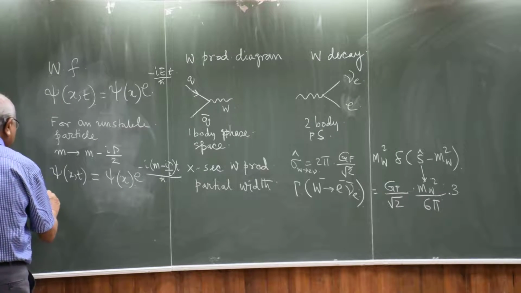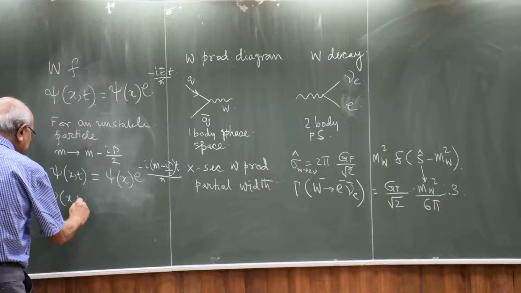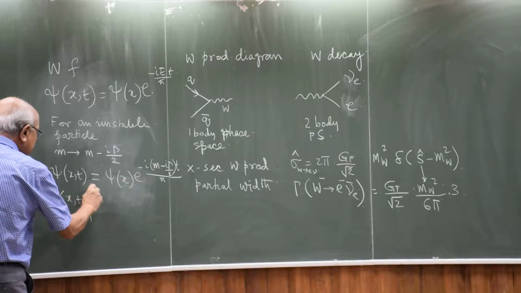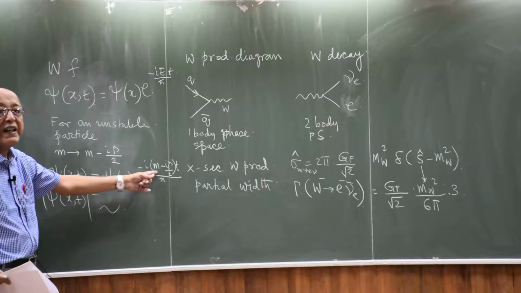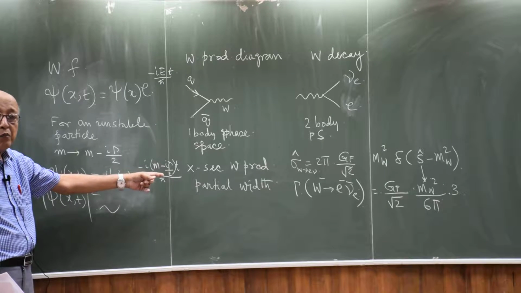And what happens to the probability density? Now clearly the m term will again be absent as soon as we take the mod square.